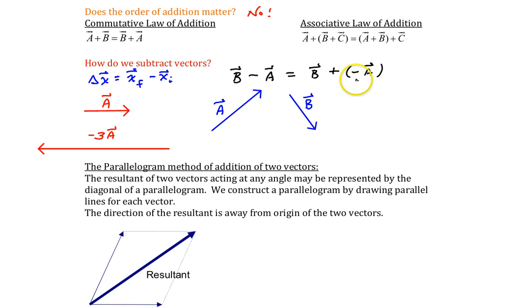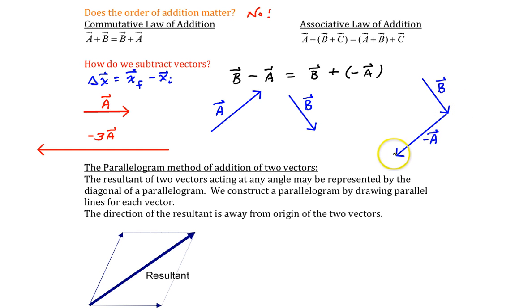The negative vector A has the same magnitude or length as vector A, but it's in the opposite direction. So let's redraw vector B over here, and at the tip of vector B, we're going to add negative vector A to it.